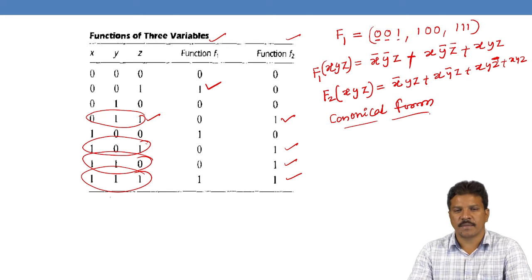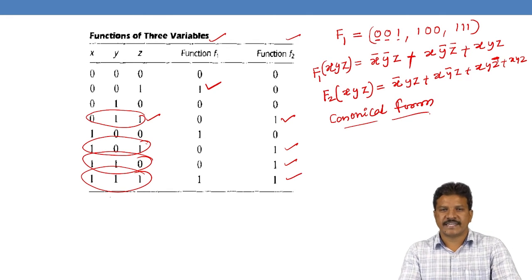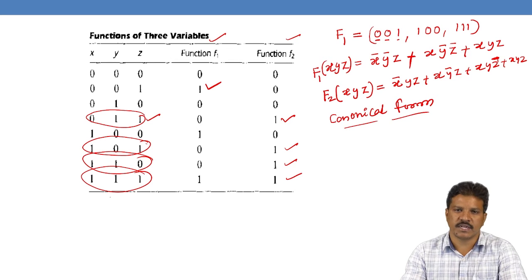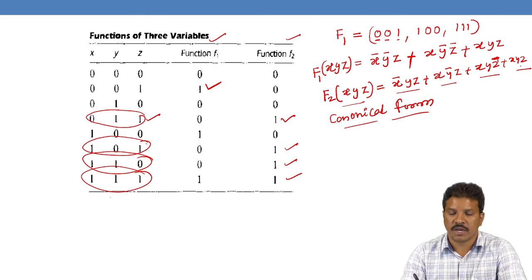In this canonical representation, each term in the Boolean expression has all the variables. So it is a 3 variable Boolean function, which has 3 variables in each minterm. If represented as maxterms, there are 3 variables in each maxterm. In the canonical form, each minterm or each maxterm contains all the variables of the function.